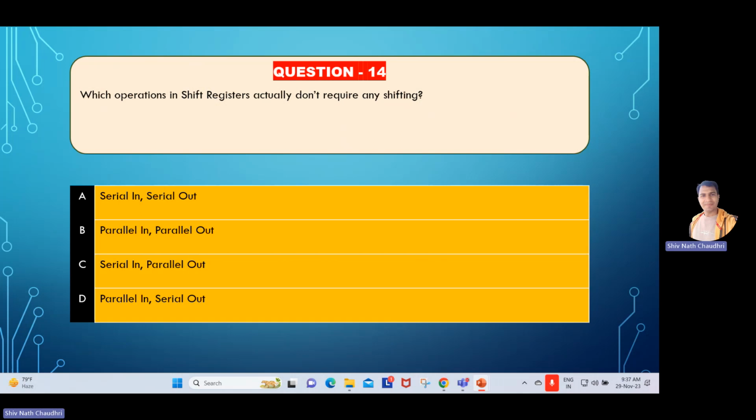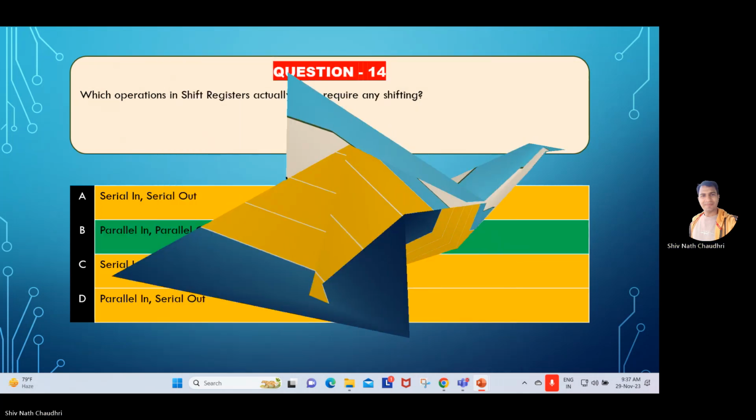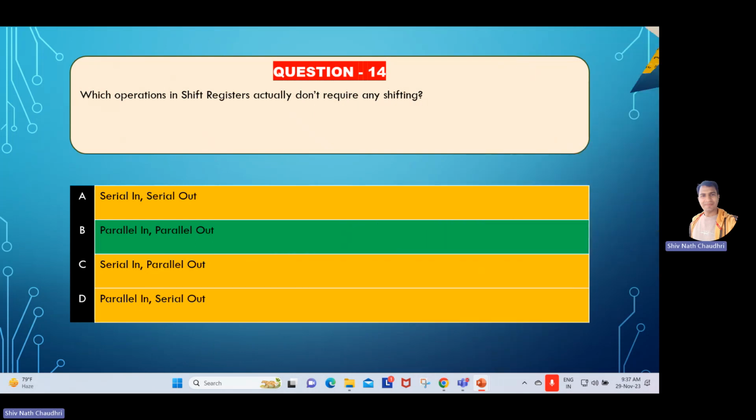And parallel out data can be taken in parallel without using any clock pulse. So there is no shifting here. So parallel in and parallel out, both operations don't require any shifting. So option B is right for this one.